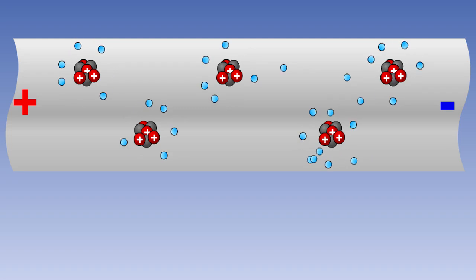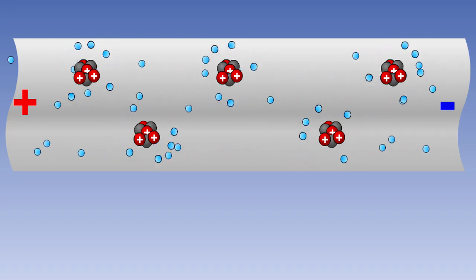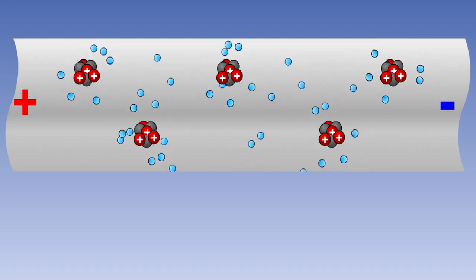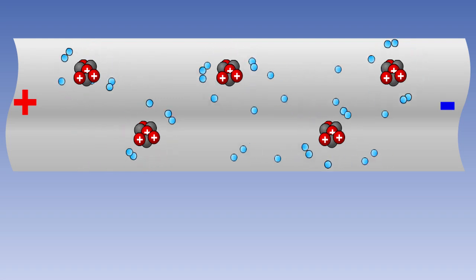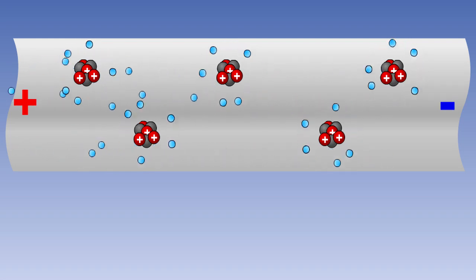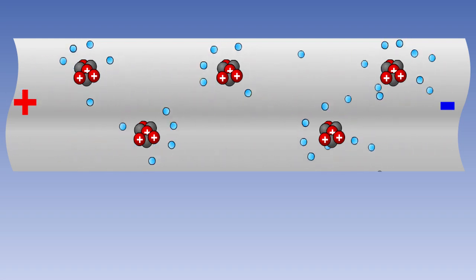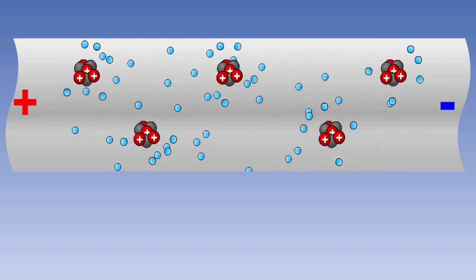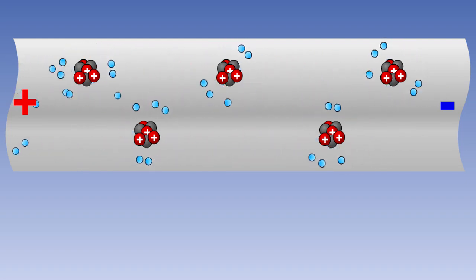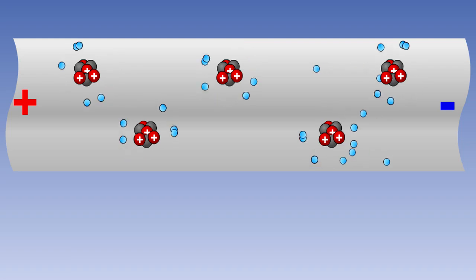The positive charge attracts the free electrons, and the negative charge repels them. So there is a flow of electrons in one direction through the conductor from the negative terminal to the positive terminal. This flow is known as an electrical current.